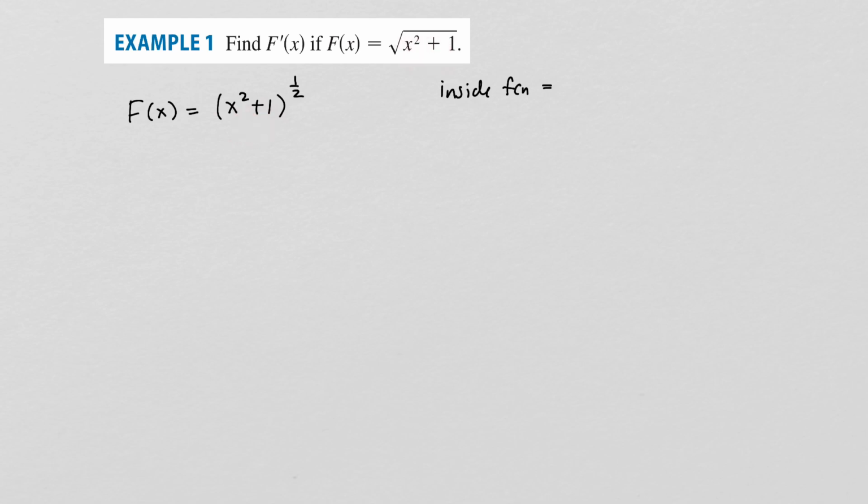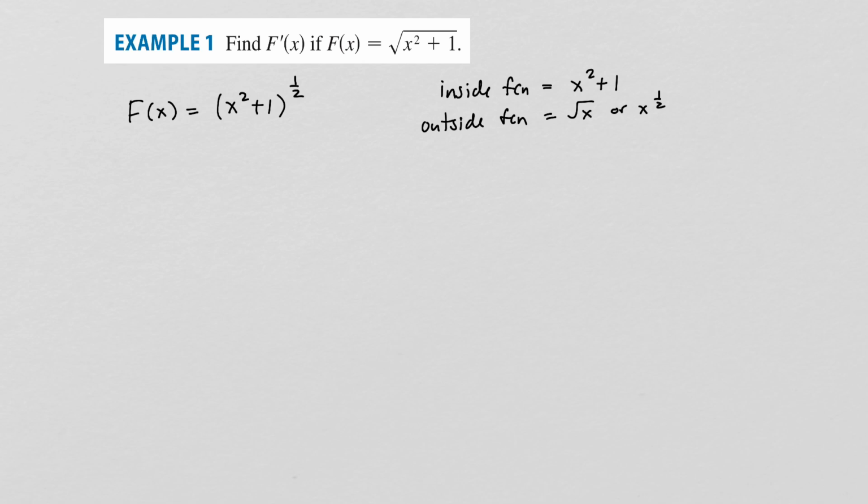So the inside function here is x squared plus 1. And the outside function is going to be what we are doing to that inside function. So what we are doing is we're taking that function and raising it to the 1/2 power. So our outside function is the square root of x, or I could say x to the 1/2.